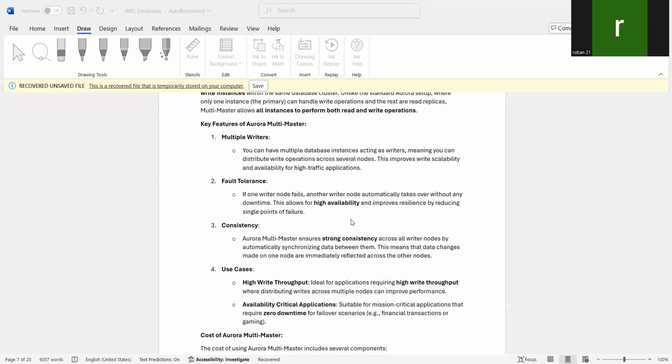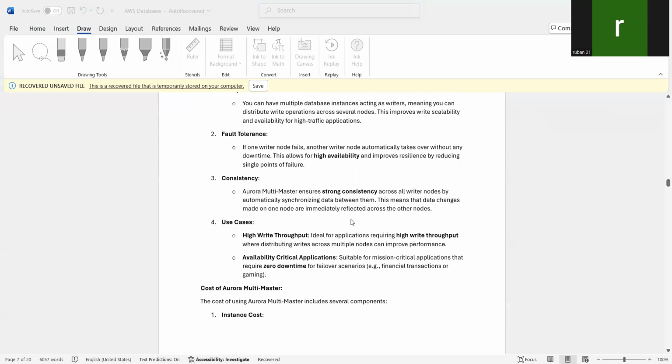So this is nothing but strong consistency between all the nodes.